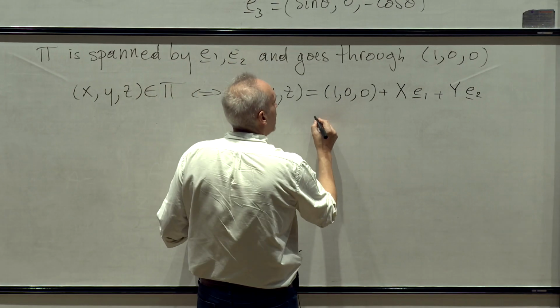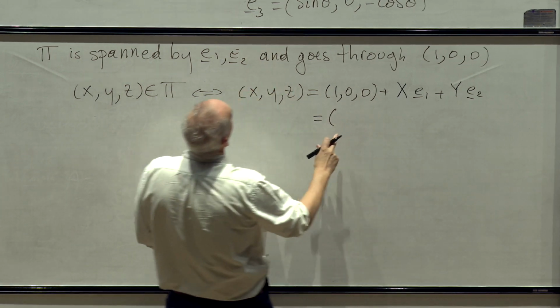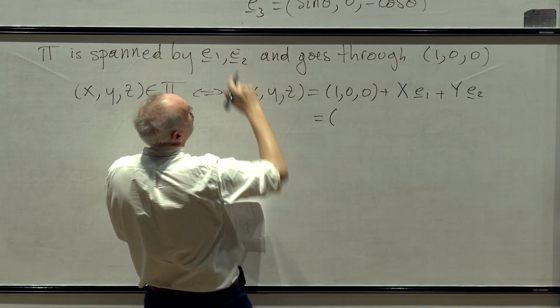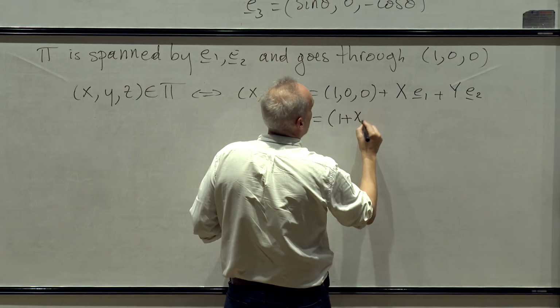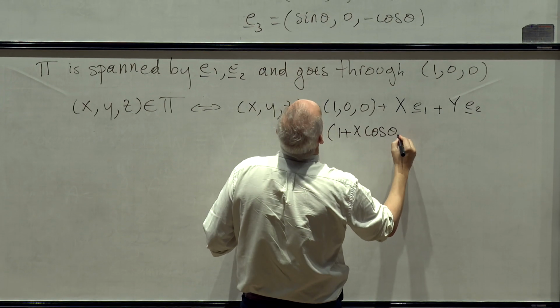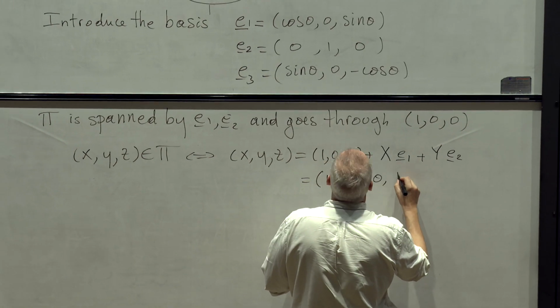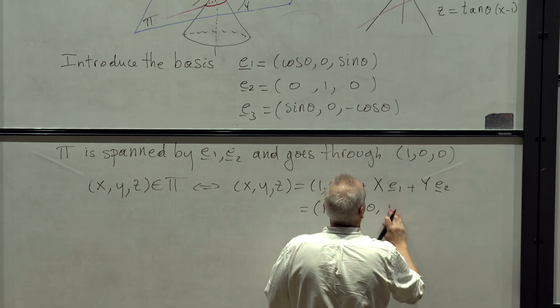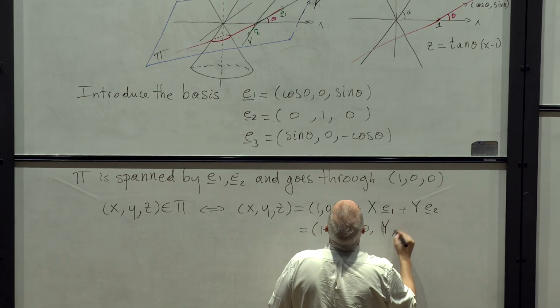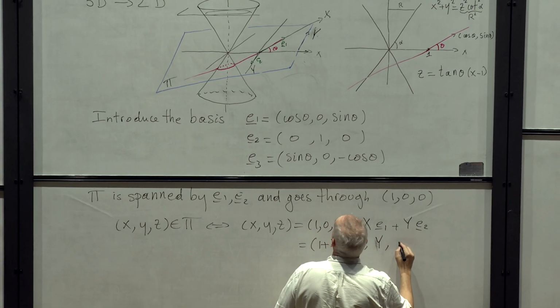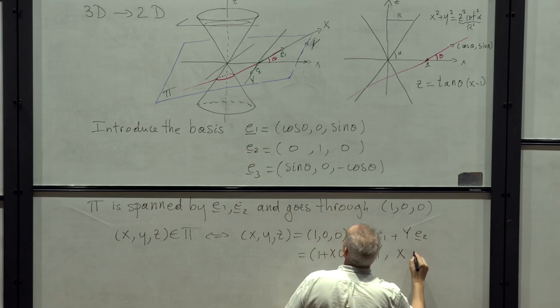So if I spell that explicitly, what do I have? (1, 0, 0) plus x cos theta. So it's 1 plus x cos theta. Then it's 1 times y. And then it's just x sine theta.